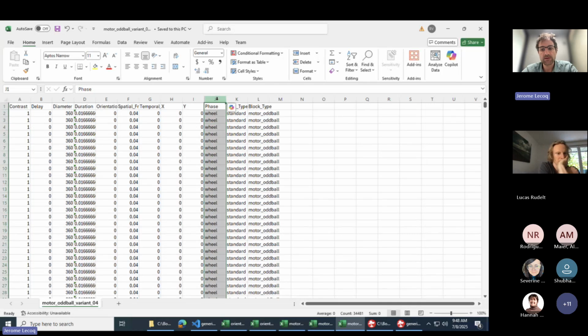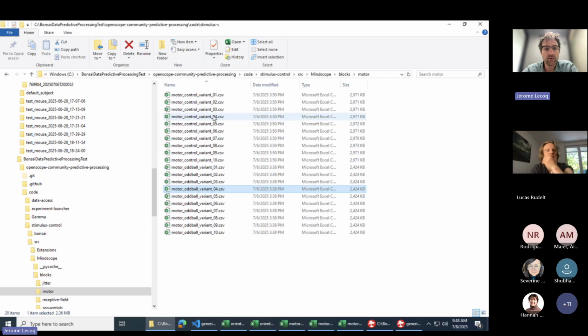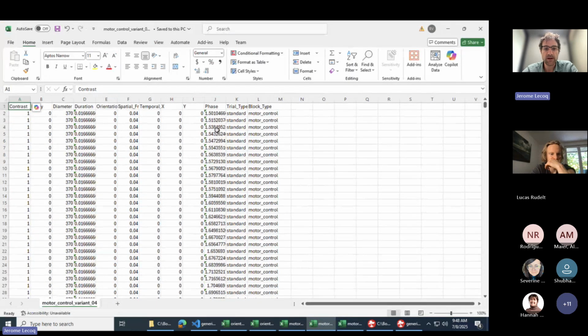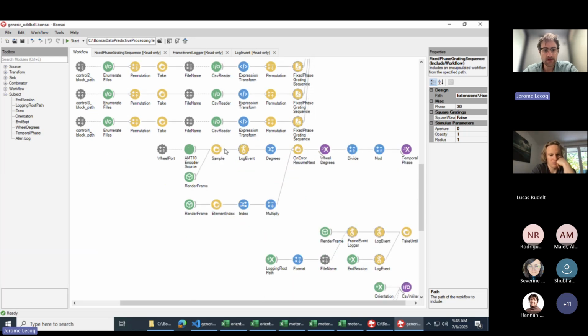So this column is just saying wheel. So it means the wheel is providing the phase. And for us to allow reloading the previous behavior of a mouse, we have to have this ability in the code. So if you provide the phase in this column, it's going to use it. If you say wheel, then it's going to read it from the mouse. Okay, and so that's this part.